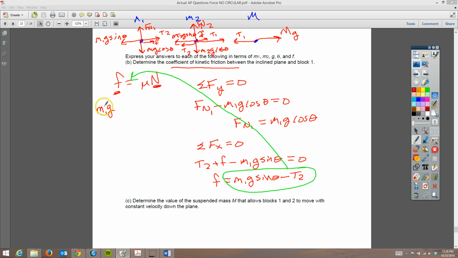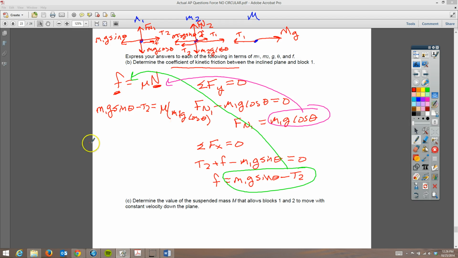So we've got M1G sine of the angle minus T2, and that's equal to mu times N. And then remember we said the normal force is M1G cosine of the angle, so we'll circle that. We know that that goes into N. And so this is mu times M1G cosine of the angle.